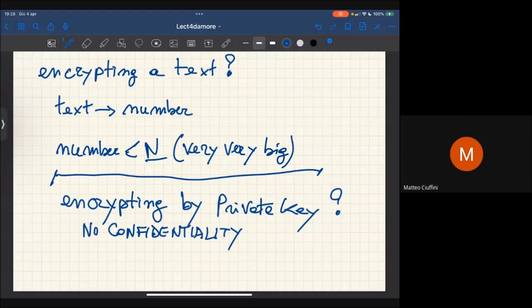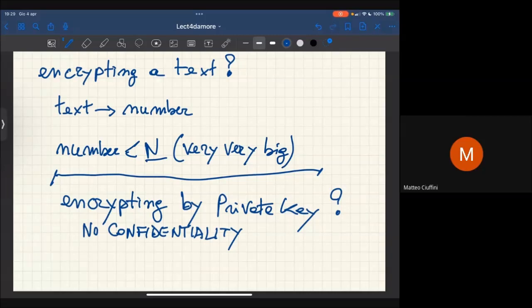But this is generating a method for ensuring that you can understand who generated that ciphertext. Only one person could be generating the ciphertext. It is not confidential, but it is giving information about the only person who was able to generate that ciphertext.